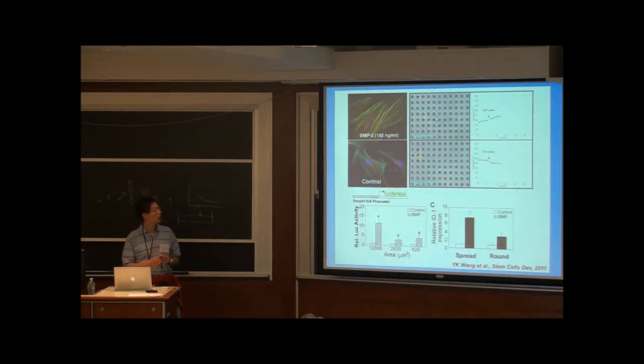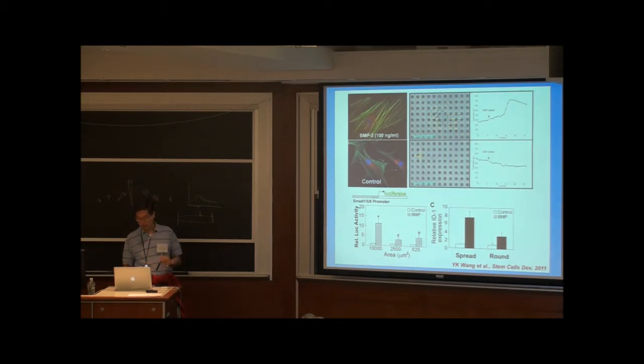So you can see here is an example where we add these differentiation factors when the cells are sitting on a surface where they're well spread. As soon as they see that, they start to increase their contractility. Okay?